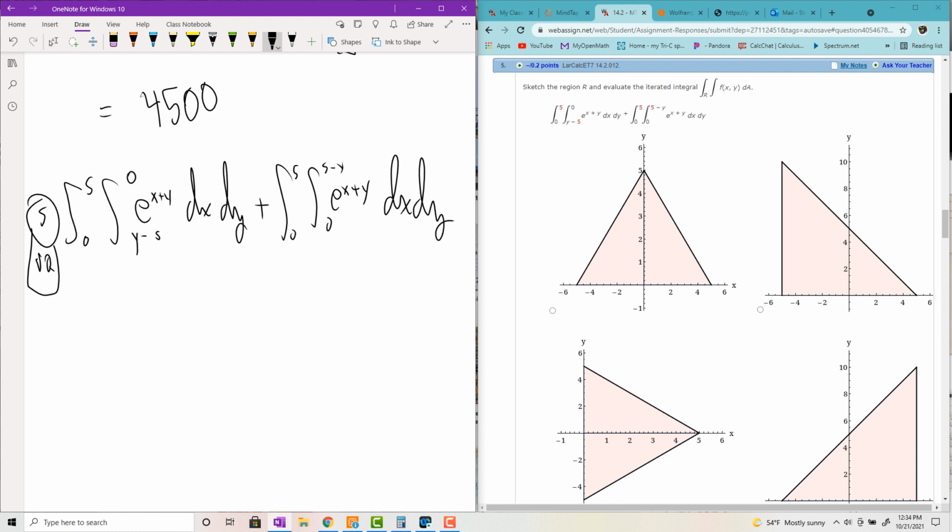Okay, great. Hopefully we can do it. So the first integral is going from x equals y minus 5 to x equals 0. Again, it might be easier to rewrite that to graph it. So this is actually y equals x plus 5. On the y-axis, I'm going from 0 to 5, so it's that weird orientation.